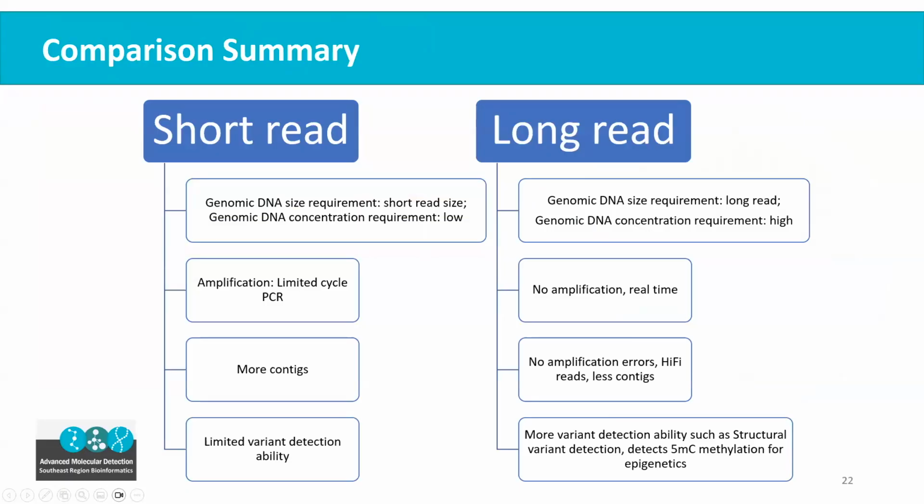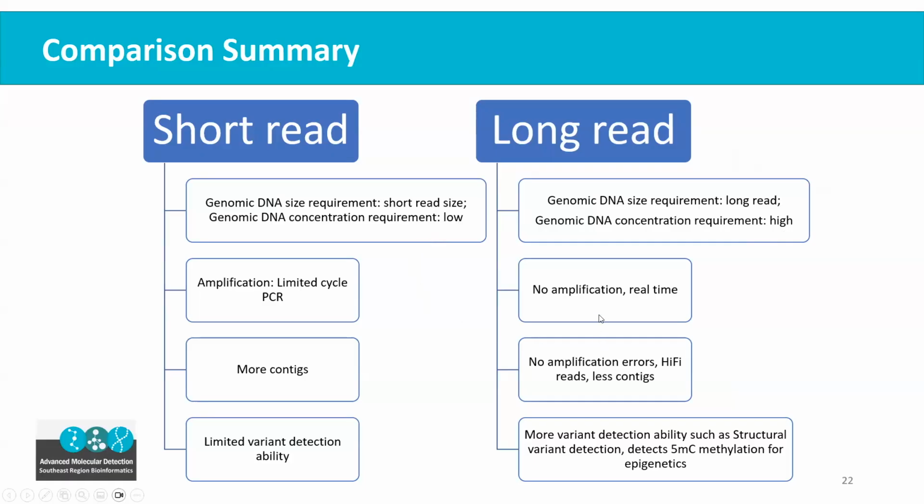So to summarize the difference between long-read and short-read sequencing, for input genomic DNA, long-read sequencing requires more critical size and quality control, whereas short-read requirements are easier to meet.